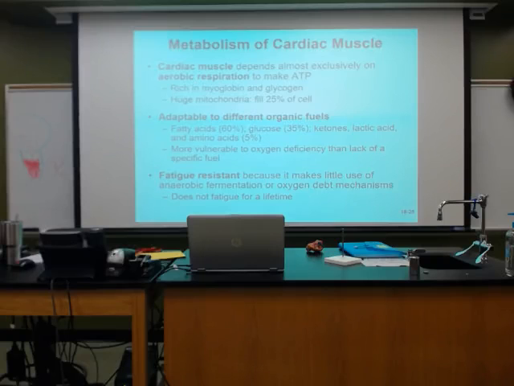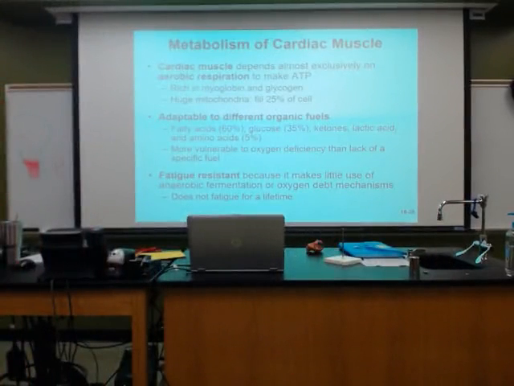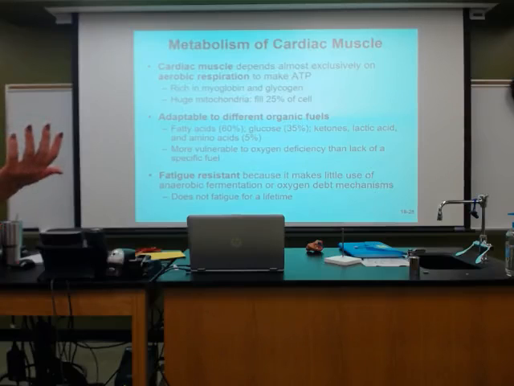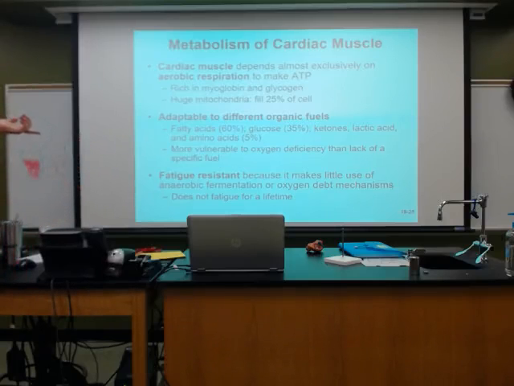No. Do you guys remember from part 1, gluconeogenesis, where we made the glucose from other materials? Because the heart needs a lot of the glucose, it's adaptable to having the materials come from another source to run the ATP, to run the aerobic respiration, all right? So it can adapt, because the heart muscle is very vulnerable to a lack of oxygen. We can't have that, okay?